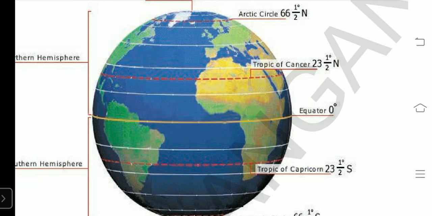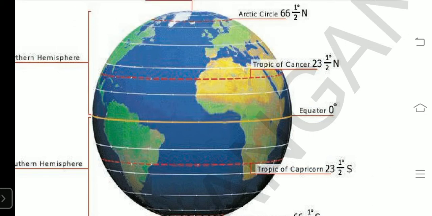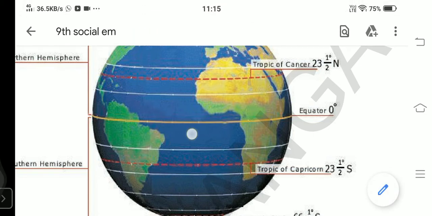This is the Greenwich meridian, and that is at London, which is taken as the 0 prime meridian. It divides the earth into two equal parts, the eastern hemisphere and the western hemisphere. In the east there are 180 longitudes and another 180 in the west, right? All together 360 longitudes are there.